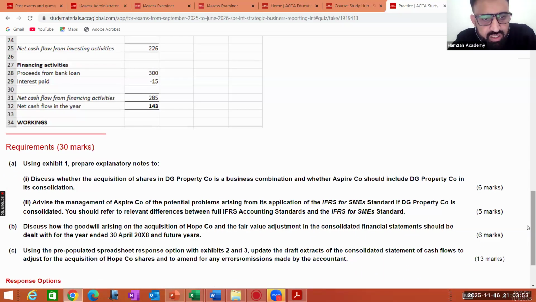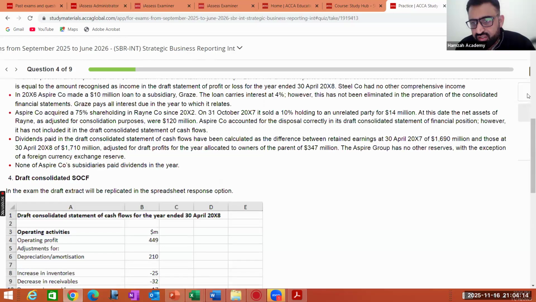Using Exhibit 1, prepare an explanatory note to discuss whether the acquisition of shares in DJ Property Company is a business combination and whether the Aspire company should include DJ Property Company in consolidation.